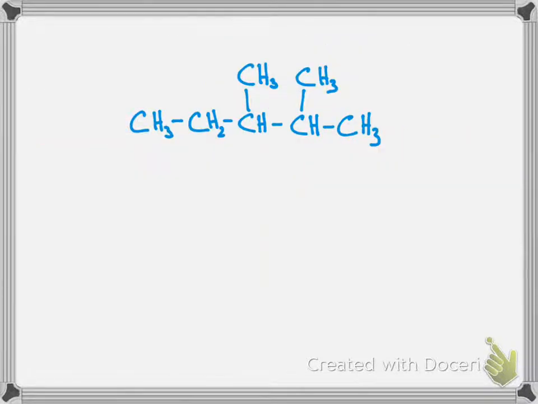So let's take a look at our first example. Whenever we go to name an alkane, the first thing we want to do is find what's known as the parent alkane. The parent alkane is the longest continuous chain of carbons. In this one, it's pretty obvious that the longest continuous chain would be that one right there. So we count the number of carbons in this parent: 1, 2, 3, 4, 5.